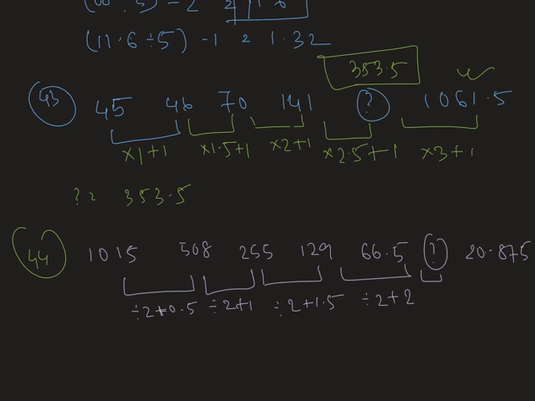And lastly, if we divide it by 2 and then add 2.5, we get the answer, which is 35.75. And to check whether this answer is correct or not, we divide it by 2 and then add 3, and hence we get 20.875.